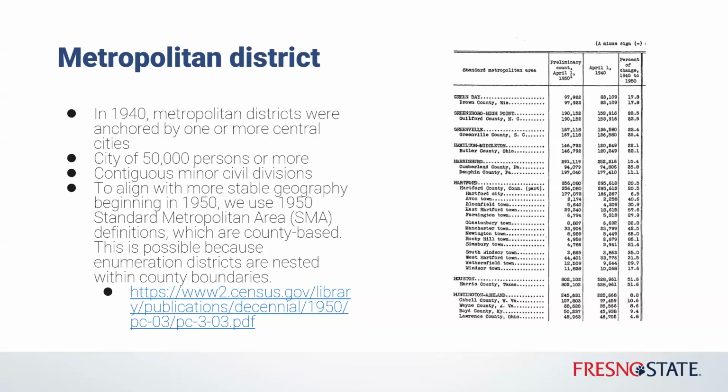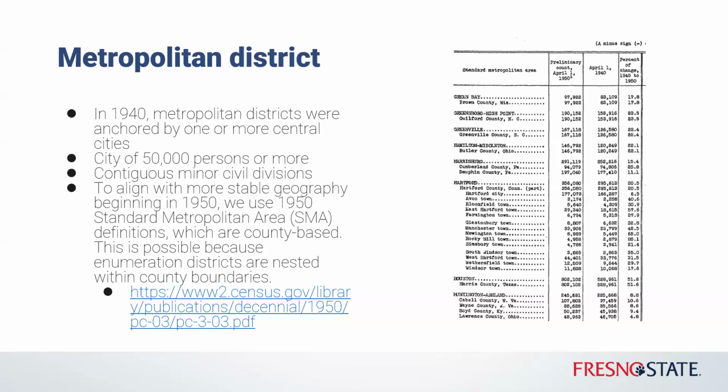They are contiguous minor civil divisions, and we use 1940 metropolitan districts to decide what we're going to map, because those were the urban centers in 1940, but we actually rely on 1950 standard metropolitan areas, and there's a really important reason why. Starting in 1950, and this continues to be the practice today, the Census Bureau defines metropolitan areas using county boundaries.